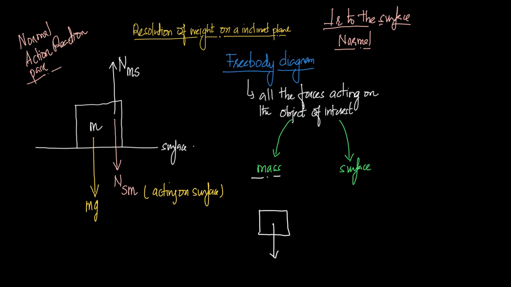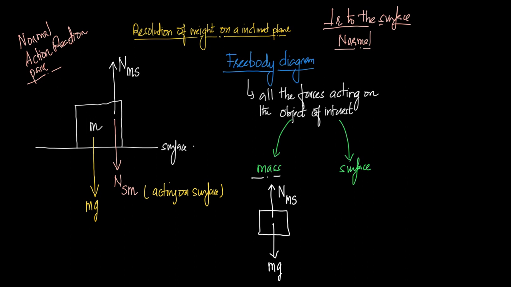There are only two forces. One is the weight of the body acting downwards, and the other is the normal reaction on the mass due to the surface S. We don't include the third force here. Why? Because the object of interest here is the mass and not the surface.